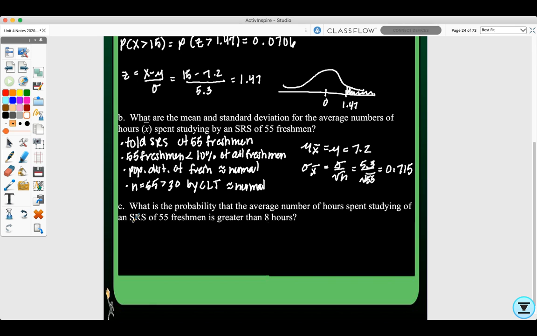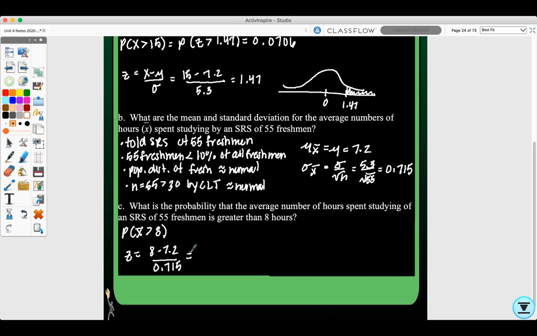And then lastly, what is the probability that the average number of hours spent studying of a simple random sample of 55 freshmen is greater than 8 hours? So this is the probability that x bar is greater than 8. So we need to find our z-score. So z would be 8 minus 7.2 all over 0.715.